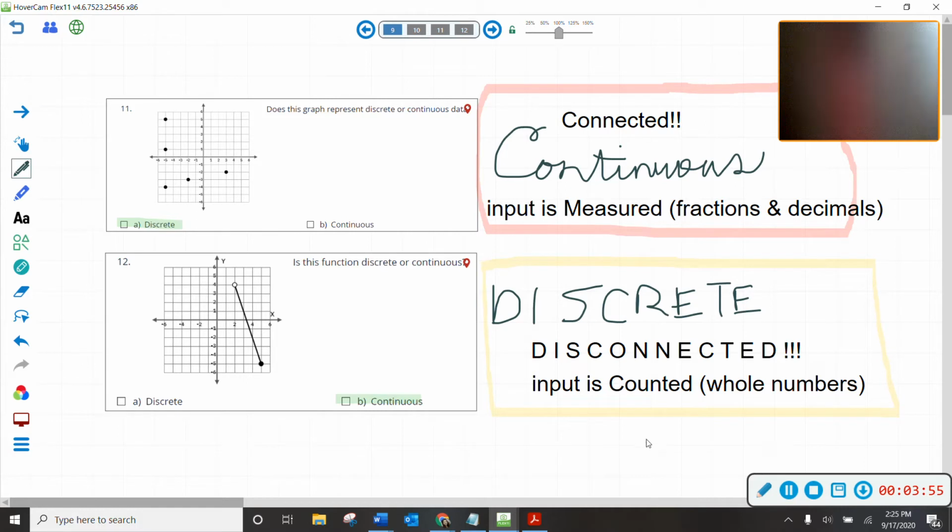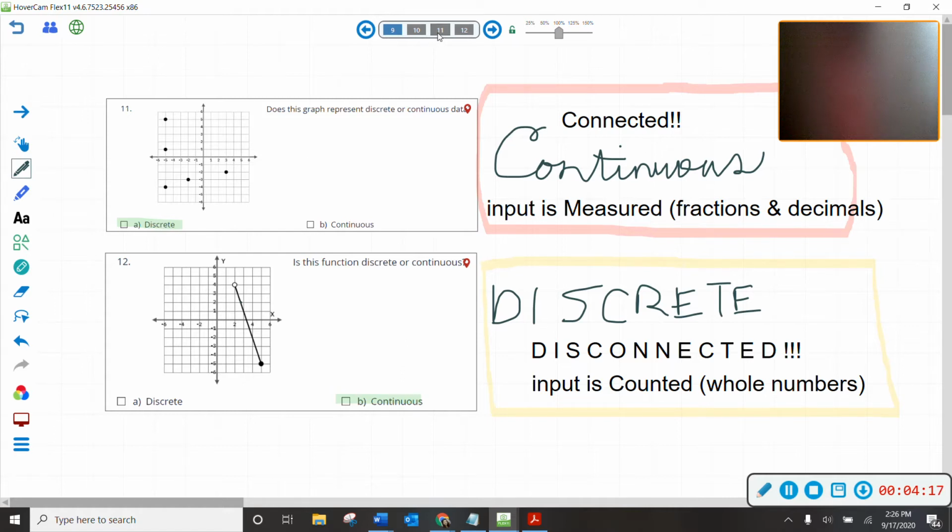But if you take a look here, this is a perfect example of how I measure my time. As time is going by, I can say at 3.58 seconds, I don't have to always say 1 minute, 2 minutes. So I would say that this is continuous because I can say that I have 2.5 minutes, or actually this looks more like 2.75 minutes.